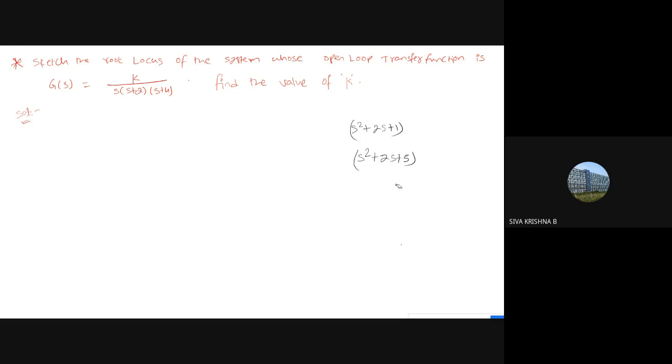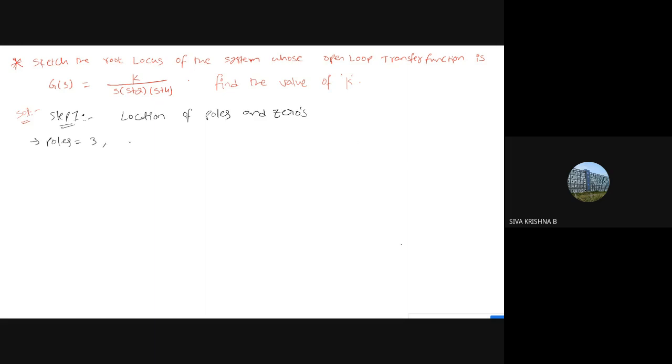So what is the first step you have to do here? See the last slide and tell me. What is the first step? Location of poles and zeros. Total number of poles.